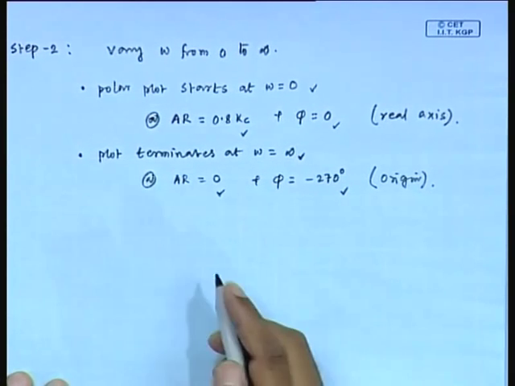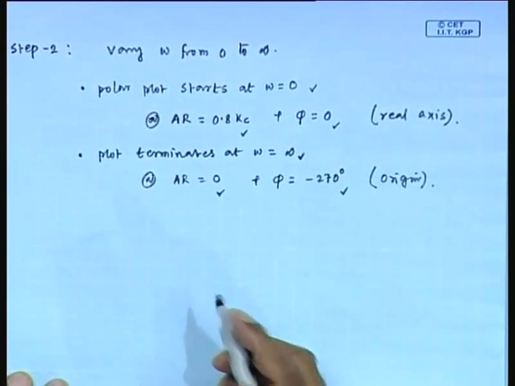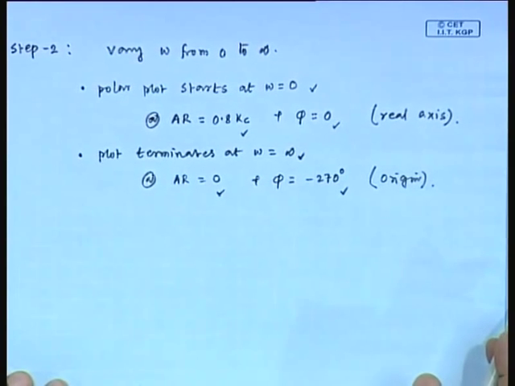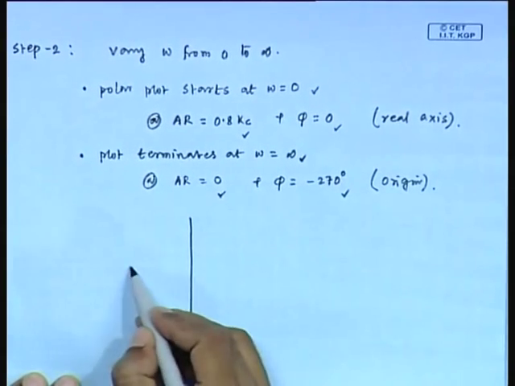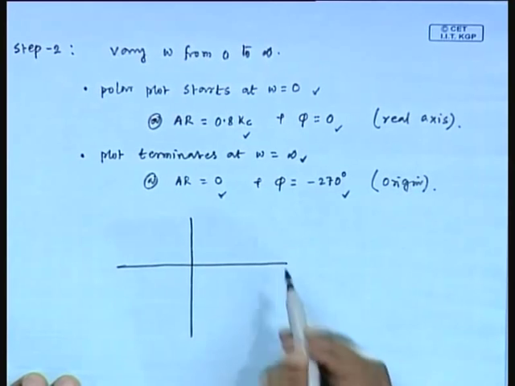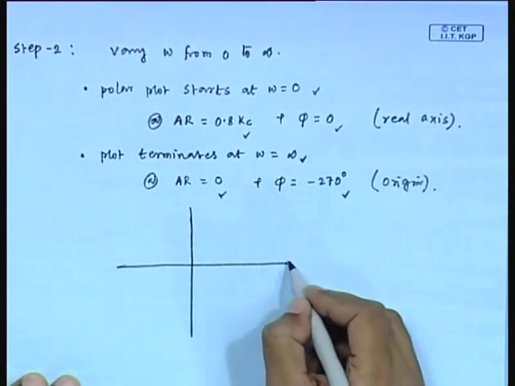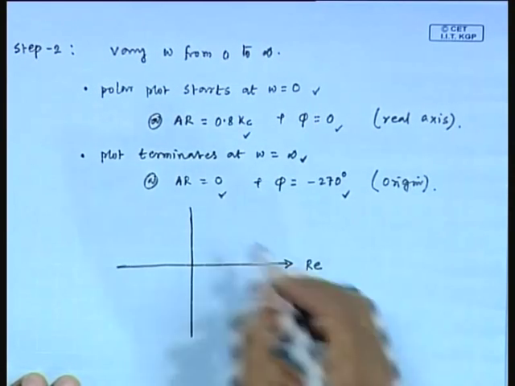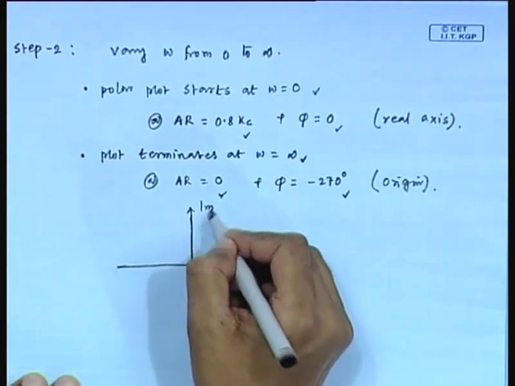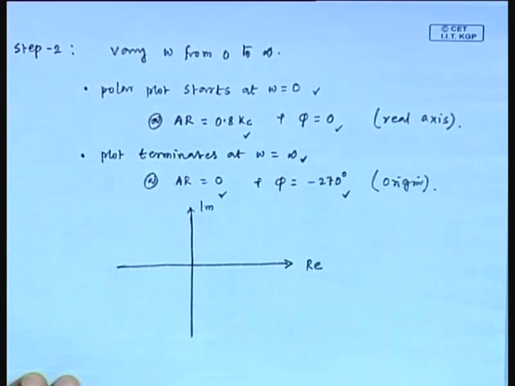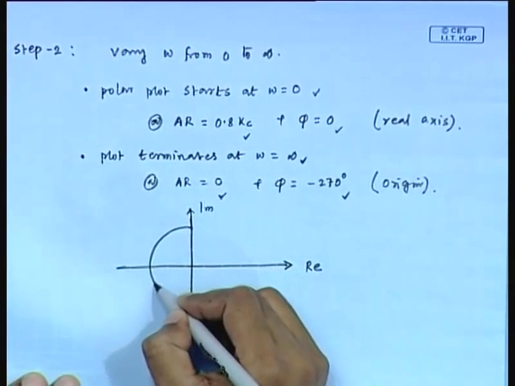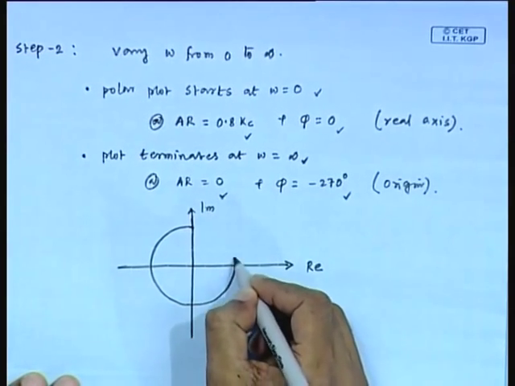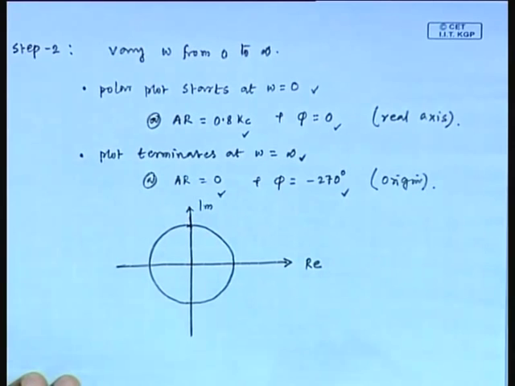Now, we will draw the polar plot varying omega from 0 to infinity. So, this is a complex plane, real axis, imaginary axis. This is a unit circle.